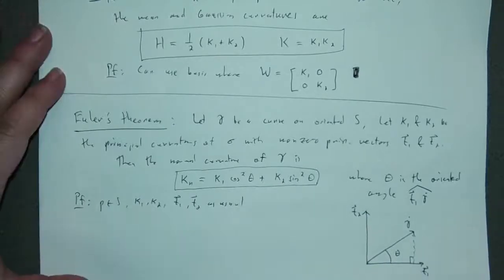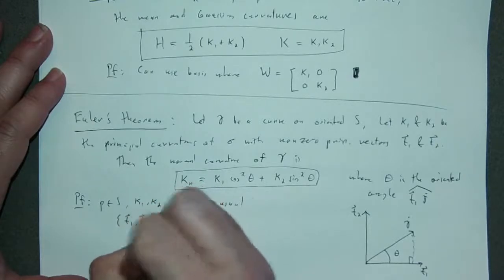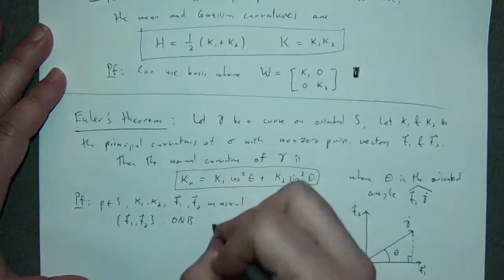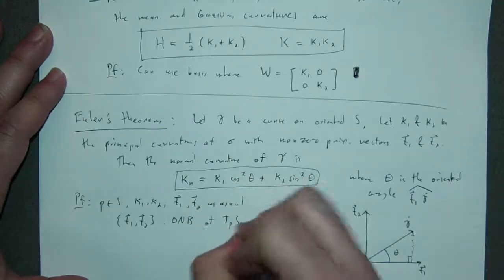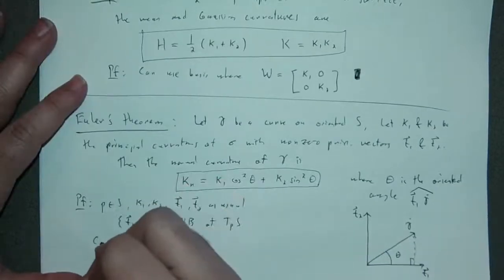By our previous corollary, we know that t sub 1, t sub 2 is an orthonormal basis, ONB, of the tangent plane at P. Whether P is an umbilic or not, we can always find two orthonormal principal vectors.